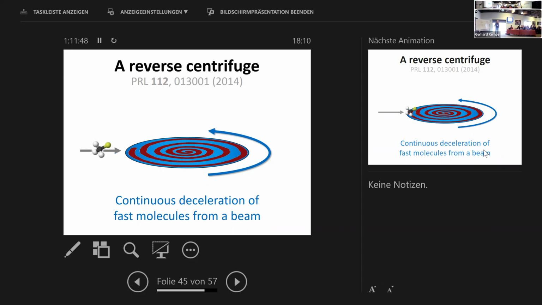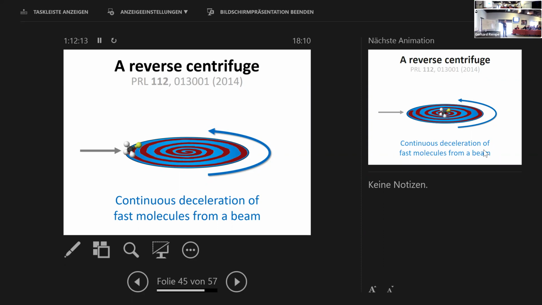Now there's a molecule in the lab, and there's this rotating, spirally shaped guide. So there's a molecule coming, and we let it jump on the disk, by a mechanism that I will explain to you. It jumps on the disk. So now it sits on the disk and it's rotating.